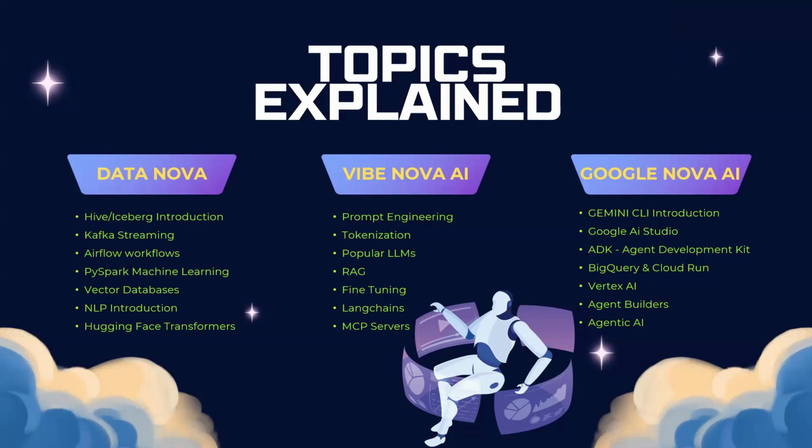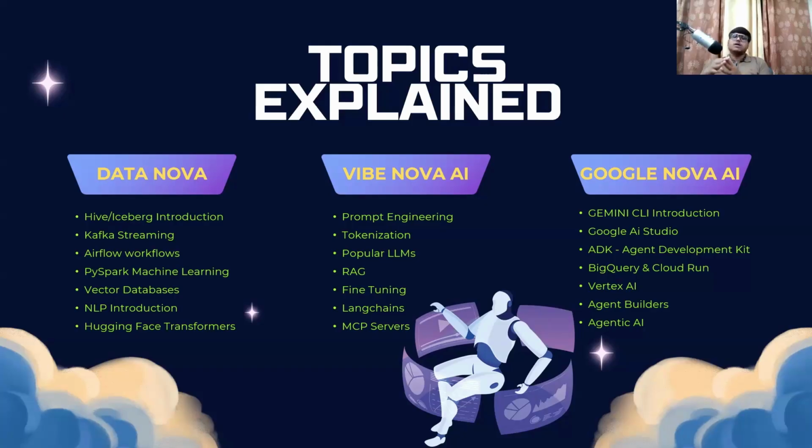So, Google Nova, hi, this is Santoshi. Google Nova and the other platform, just Nova AI and the Data Nova, it's mostly similar, we can use for the other cloud also. Performance wise and the model interfaces, it will be different. Example, AWS, they are going with SageMaker.